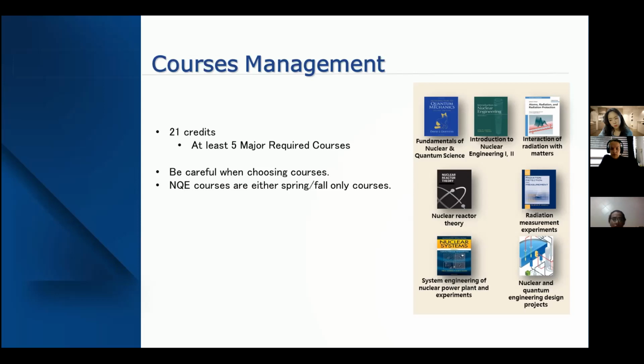Just to note, as a minor, be careful when choosing the courses because NQE courses are either only spring or only fall courses. So it's only given once per year.